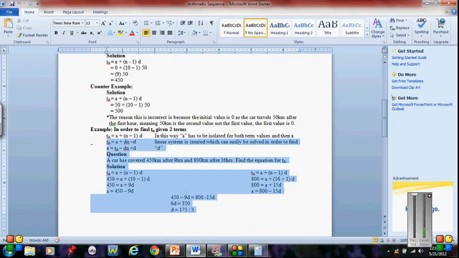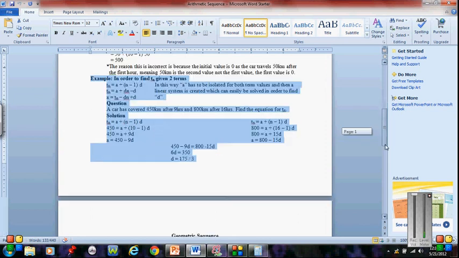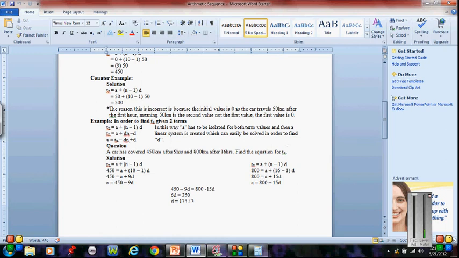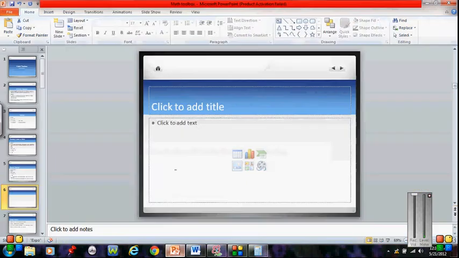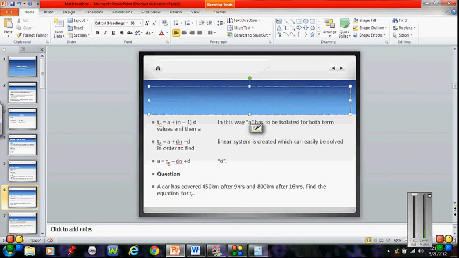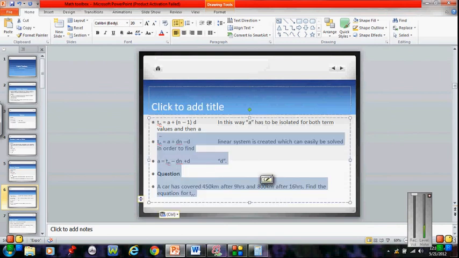But now we're going to do an example in order to find Tn given two terms. So we're going to look at this question and this formula. So we'll paste that over here, and now let's take a look at this and see what it means.